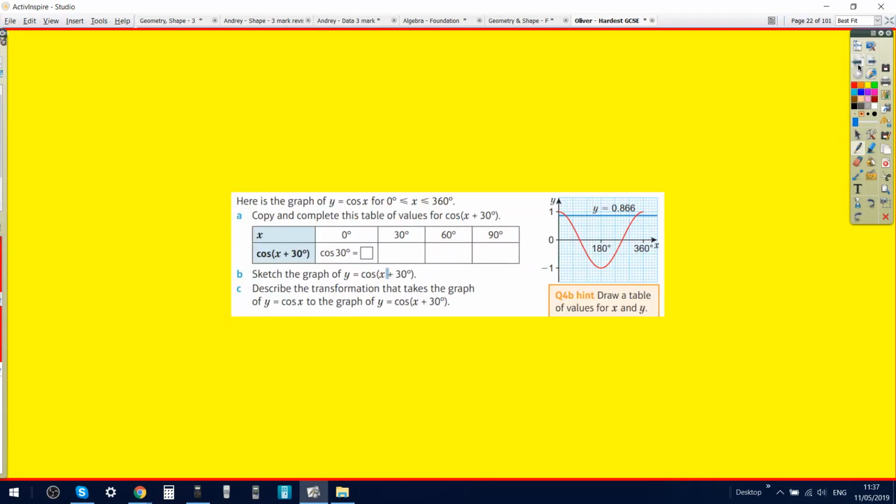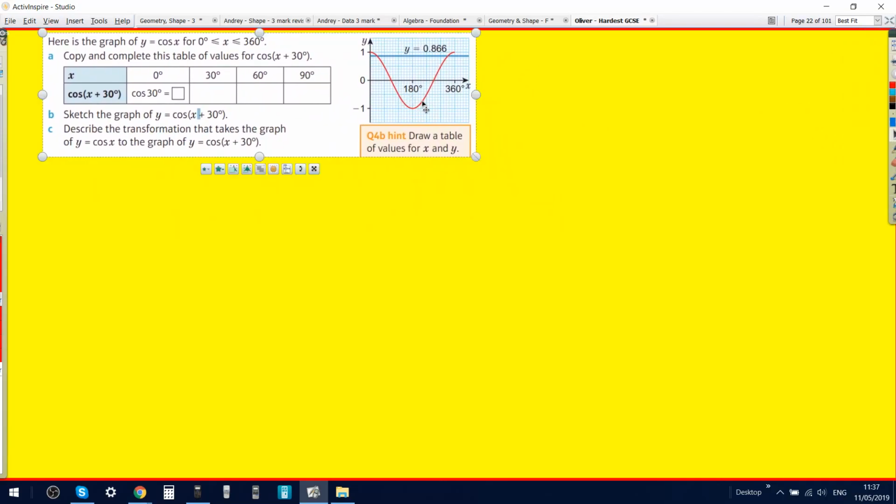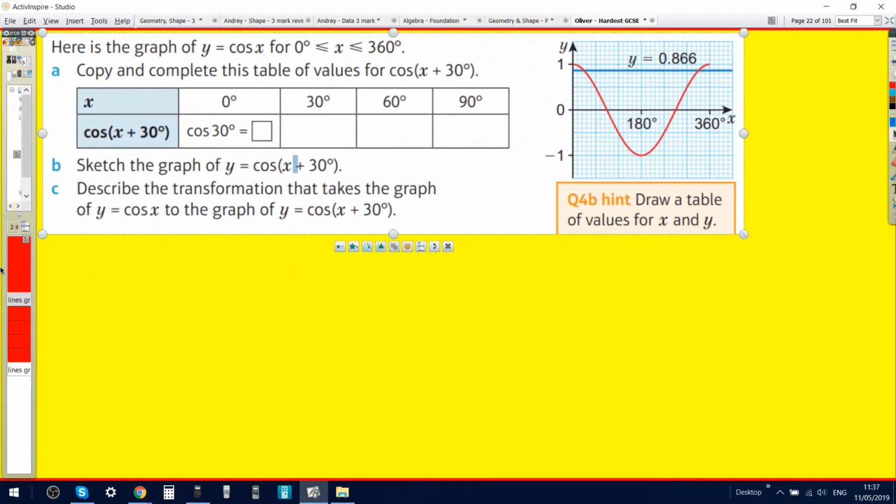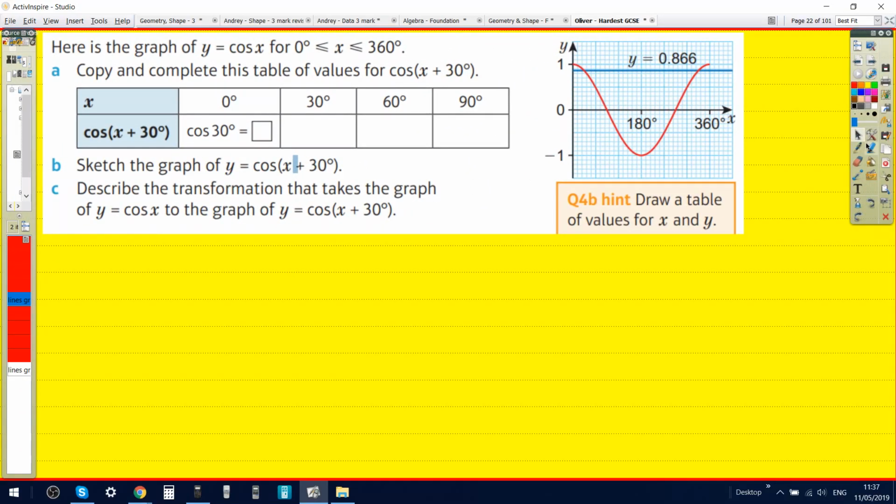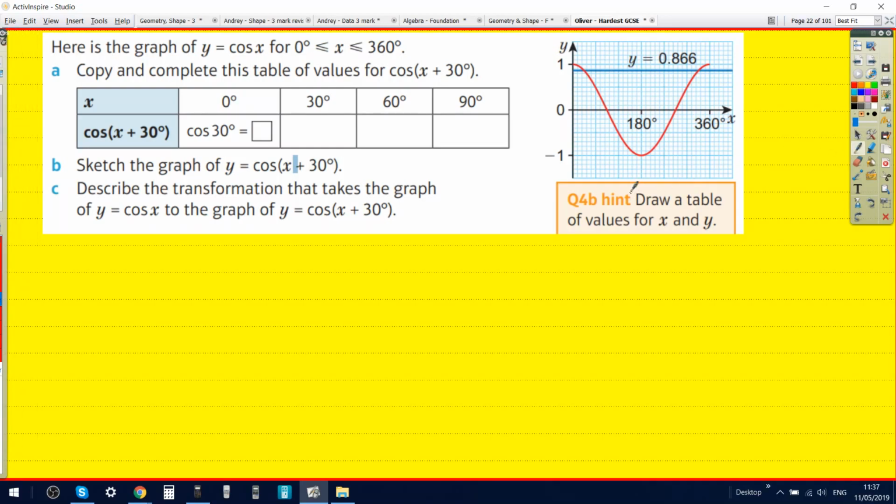Now describe this transformation, the part B one. It would have moved 30 to the right.